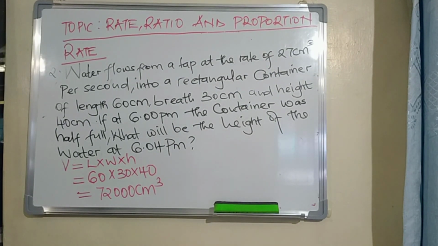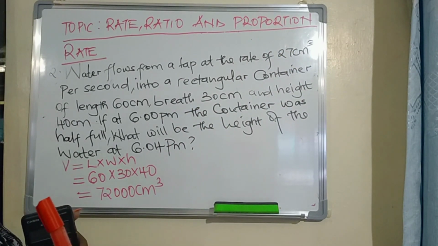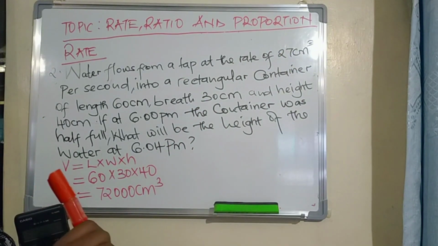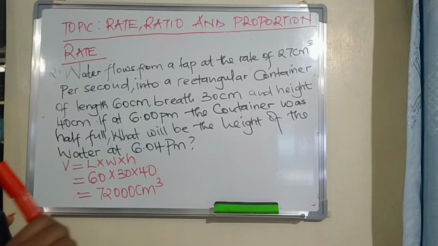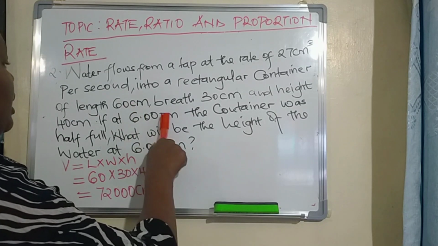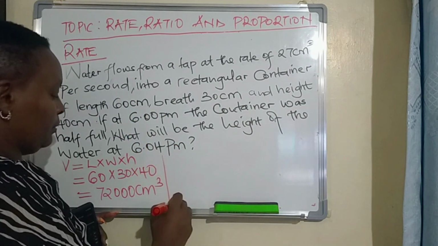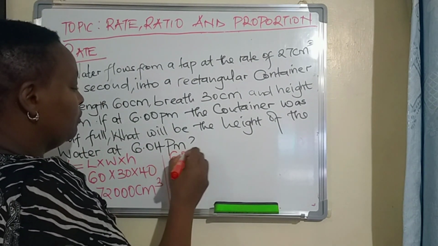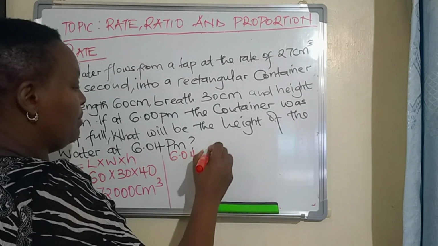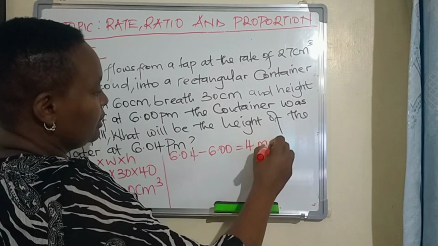Now what we need to do next is to find, using this rate, the volume of water that entered that container between 6 p.m. and 6:04 p.m. So this is a difference of 4 minutes. 6:04 minus 6 equals 4 minutes.